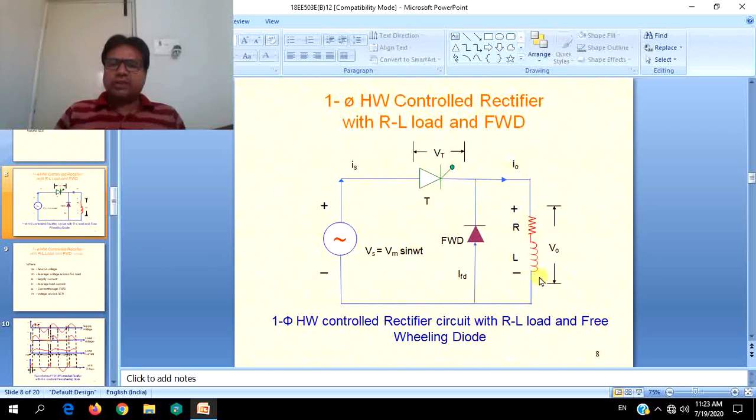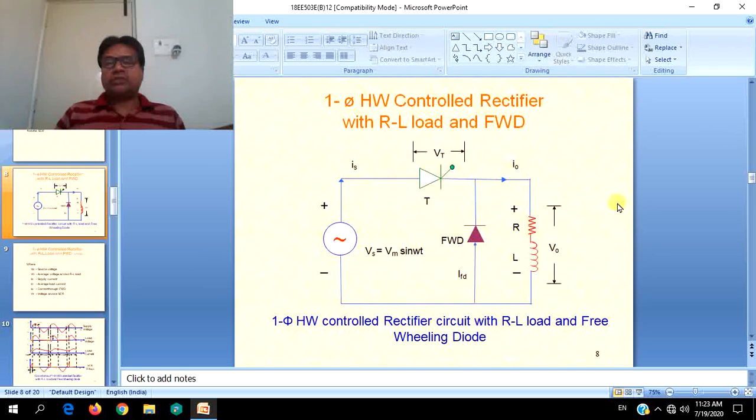During this time, the inductor, owing to its capability of storing energy, will store energy in the form of electromagnetic energy. In the previous case, when the freewheeling diode was not there, this energy itself was delivered and it was taking more time, so that current was still flowing in the forward direction and gradually becomes zero between pi and beta.